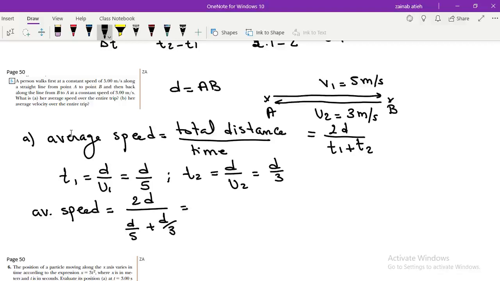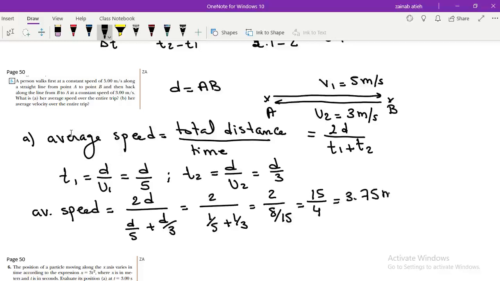I will cancel D, I will get 2 over 1 over 5 plus 1 over 3. 1 over 5 plus 1 over 3 is 8 over 15. I will get 15 over 4, or 3.75 meters per second. Okay, this is part A.